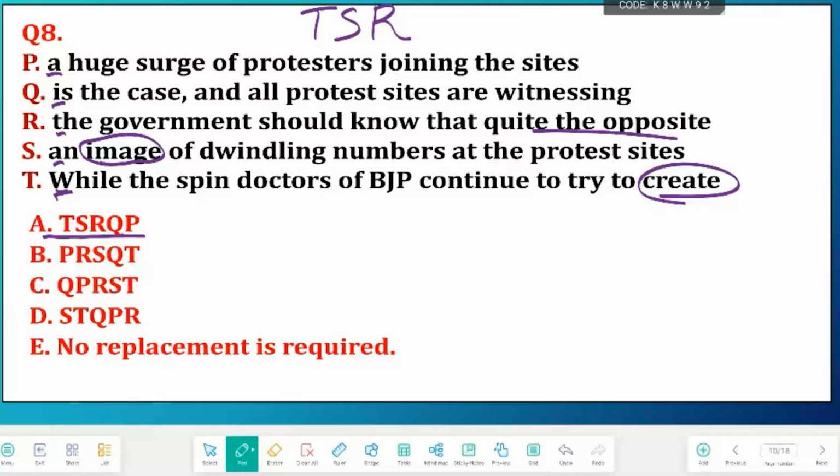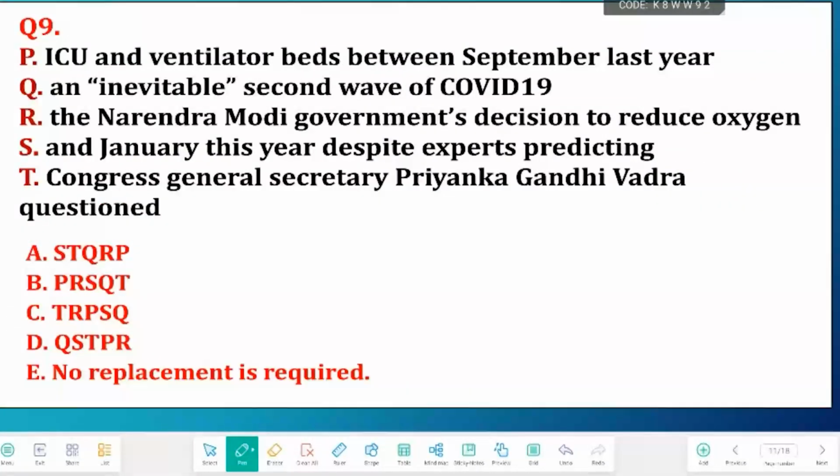So TSR, the government should know that quite the opposite is the case, and all protest sites are witnessing a huge surge of protesters joining the sites. So we have confirmed that this is the correct sequence, TSR QP. So your correct answer will be A for Ahmedabad, TSR QP. I hope you guys have got this correct. Let's move on to the next parajumble.